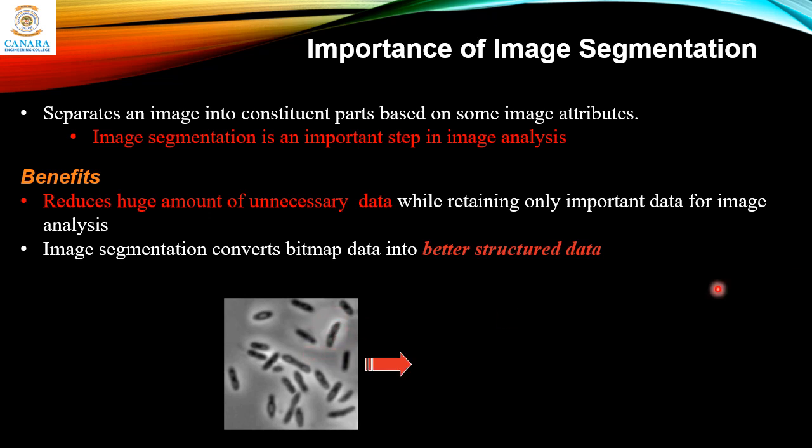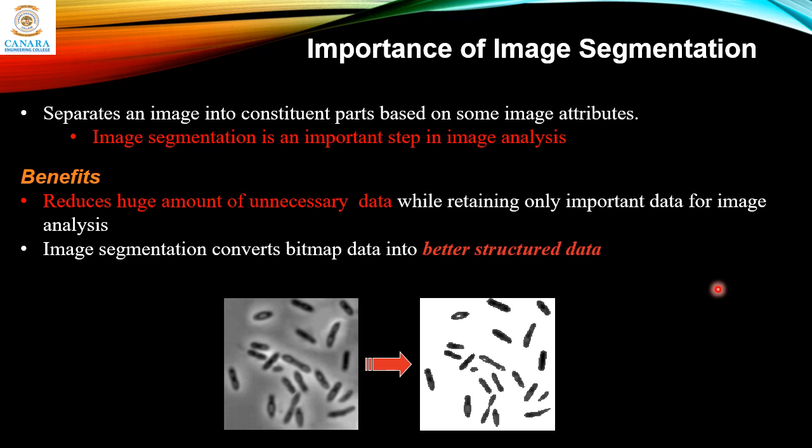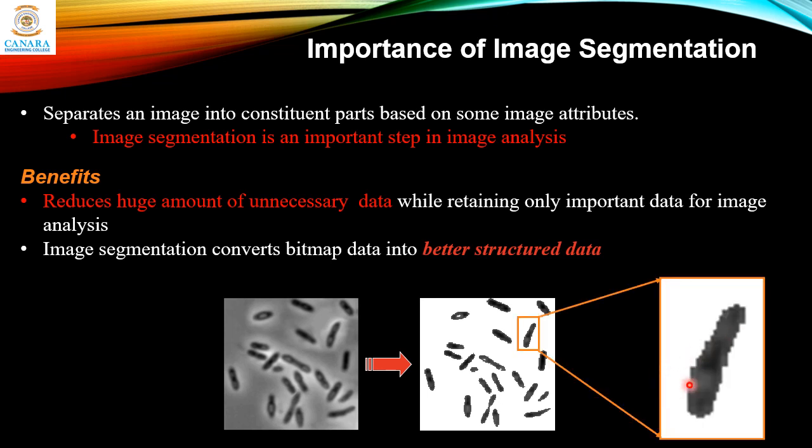So the basic step is you obtain a binary image out of it, and then focus on what you want to take out, what you want to segment based on some image attributes. So let us focus on this shape, okay, and then we'll segment out this particular shape out of the image. So this is the segment we want to focus on.